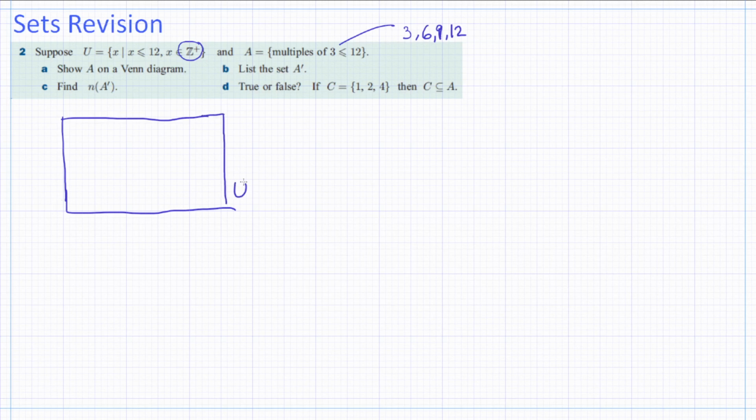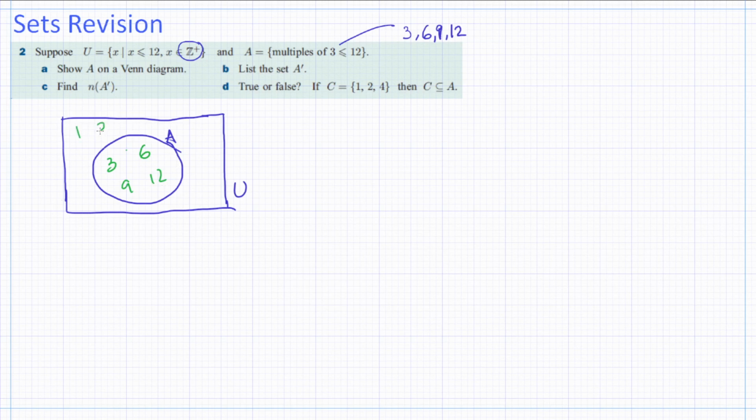So this is our universal set. Let's call this A. Let's just populate this. So inside of my set, I've got 3, 6, 9, and 12. And outside, everything else which I have in my universal set. So what are the numbers which are positive, less than 12, and are not in this set?